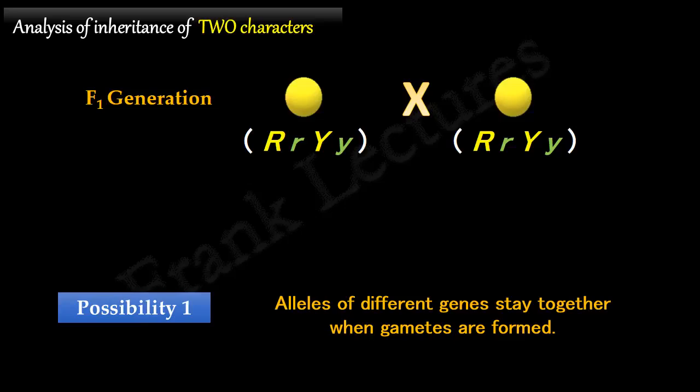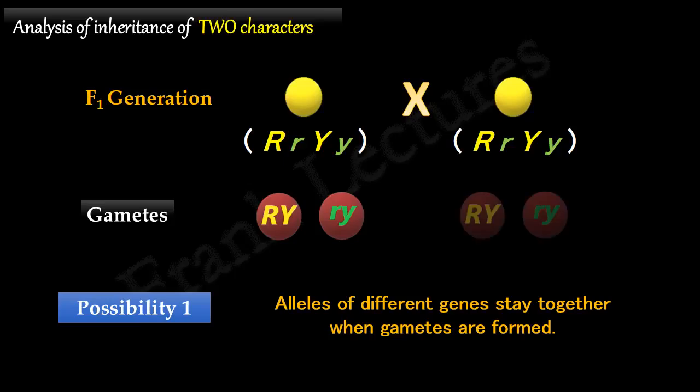According to this possibility, only two types of gametes will be formed: capital R, capital Y and small r, small y. That means the allele for yellow color will always stay together with the allele for round seed shape, and the allele for green seed color will always stay together with the allele for wrinkled seed shape. Thus, the transmission of one particular allele would depend on the transmission of another.